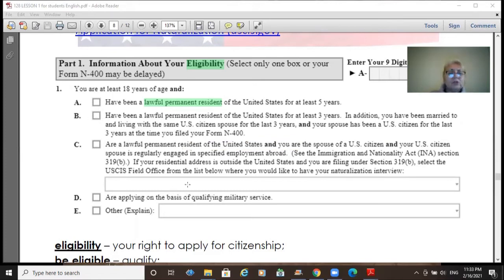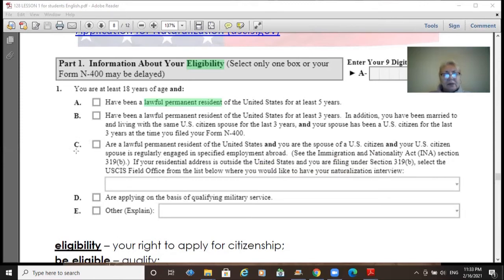You can also be eligible on the basis that you are a lawful permanent resident of the United States and you are a spouse of a U.S. citizen, and your U.S. citizen spouse is regularly working outside of the United States.